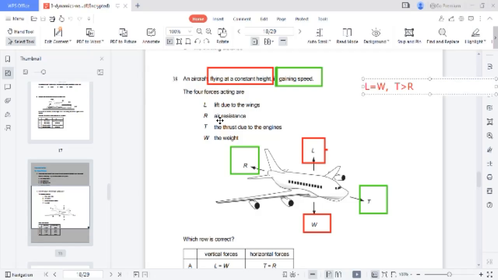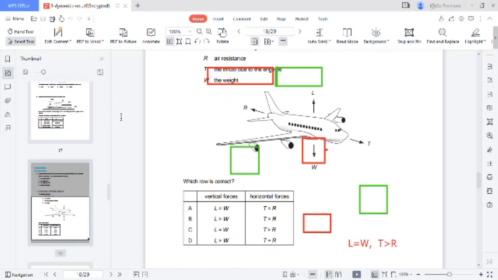Let's match them with the given answers. Let's see option A. In option A it states lift and weight are equal, so this option and this option are correct.